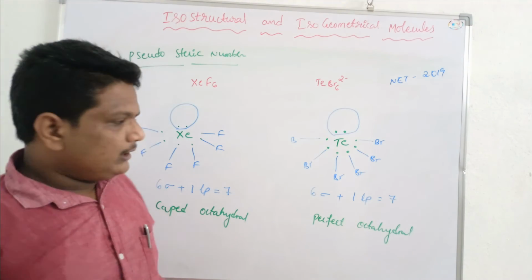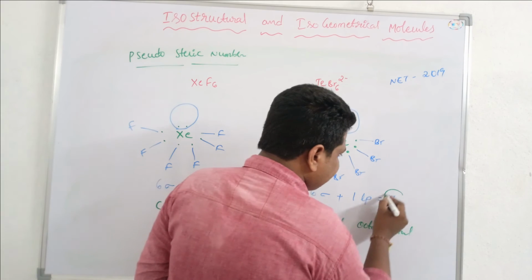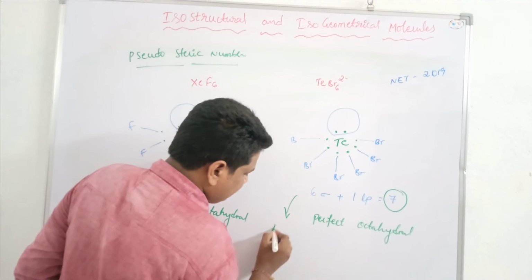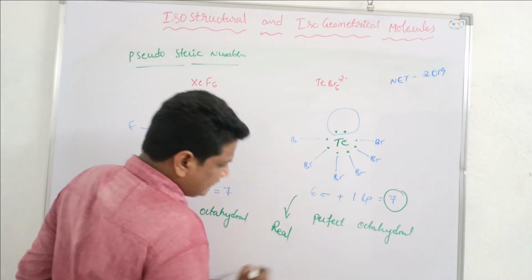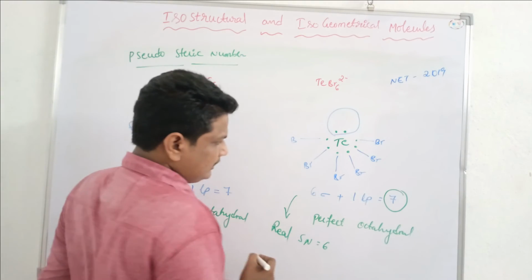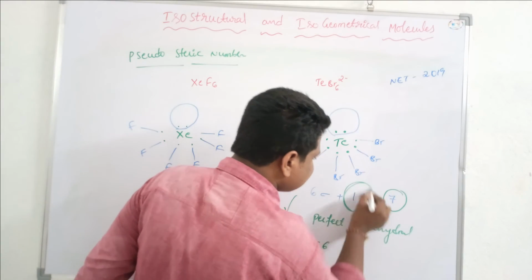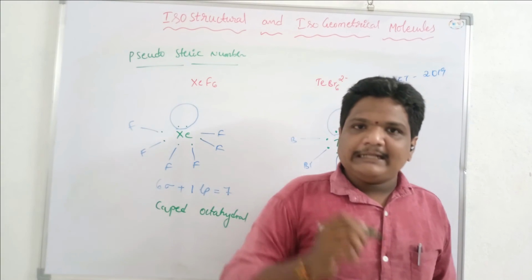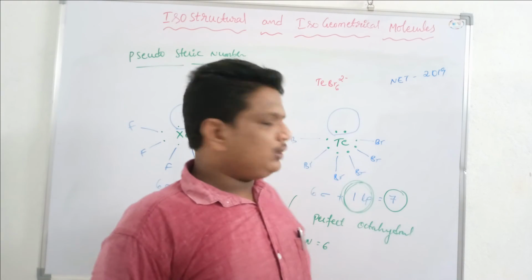TeBr6 2 minus, the steric number is 7, but the real steric number is 6, because the lone pair present on the central atom is a stereochemically inactive lone pair.